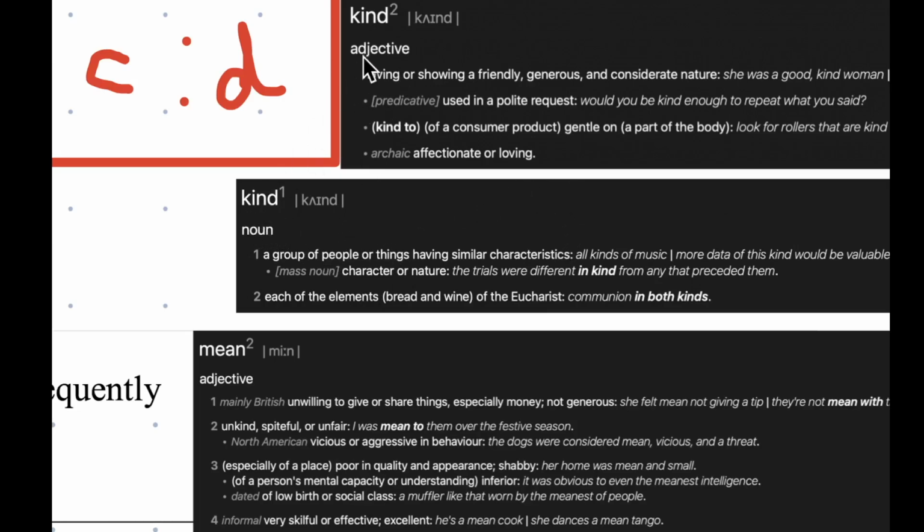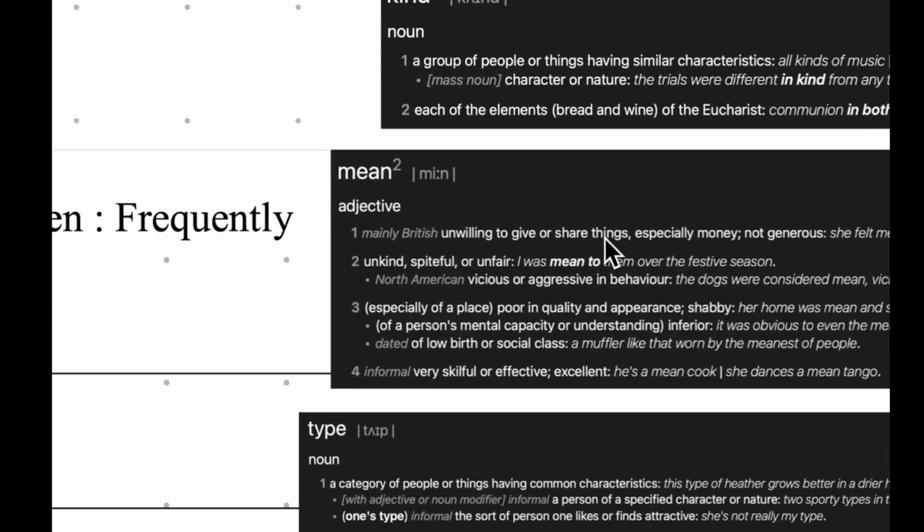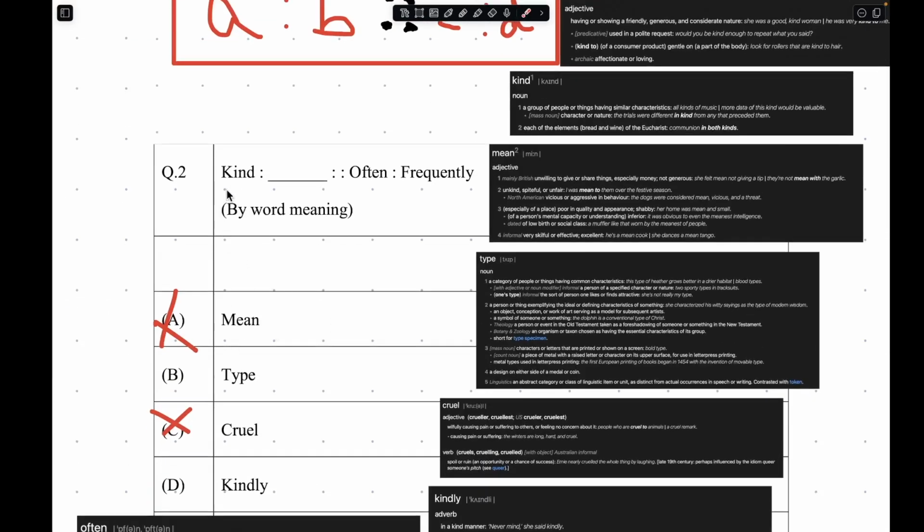So these two meanings of kind exist, right? The same way, mean can be understood as unwilling to give or share, somebody who is not very nice, someone who is not very kind, right? Unkind is represented over here directly, right? And poor in quality and appearance and very unskilled, right? This kind of meaning is there for the word mean that is relevant to the word kind, right?